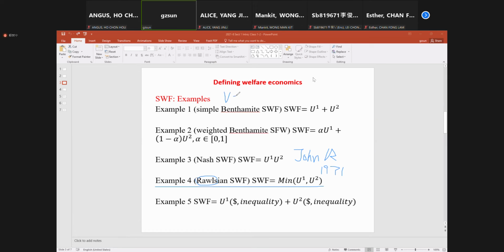This is his central idea, probably some of you have heard about it.